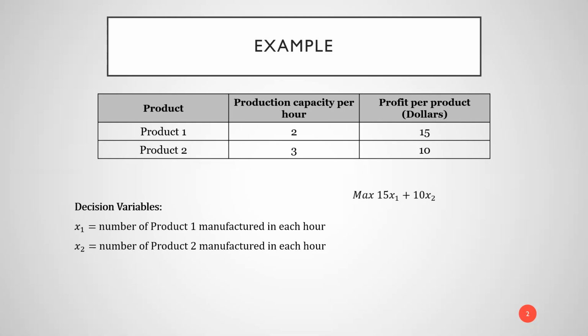Based on this, I have the objective function as 15x1 plus 10x2, which is built based on the profit of the products. Then I have the constraint of the capacity for product number 1, the capacity for product number 2, the capacity of production, I mean. And this is the packing machine limitation. And then both of the x's should be greater than or equal to 0. So very simple.